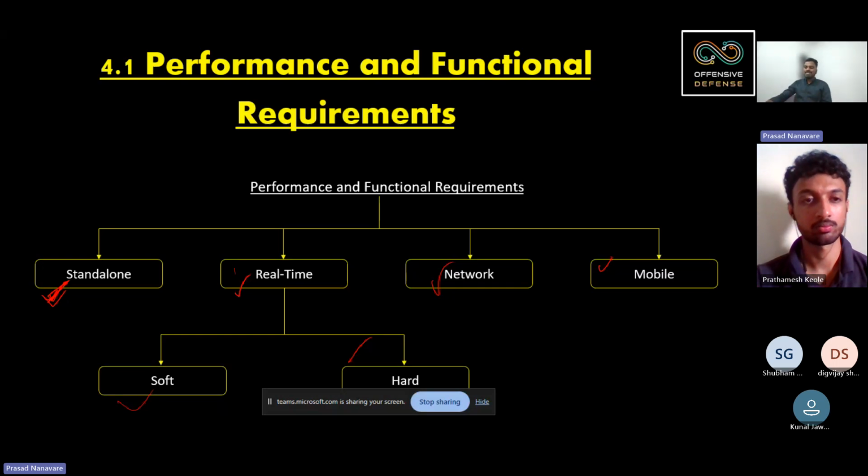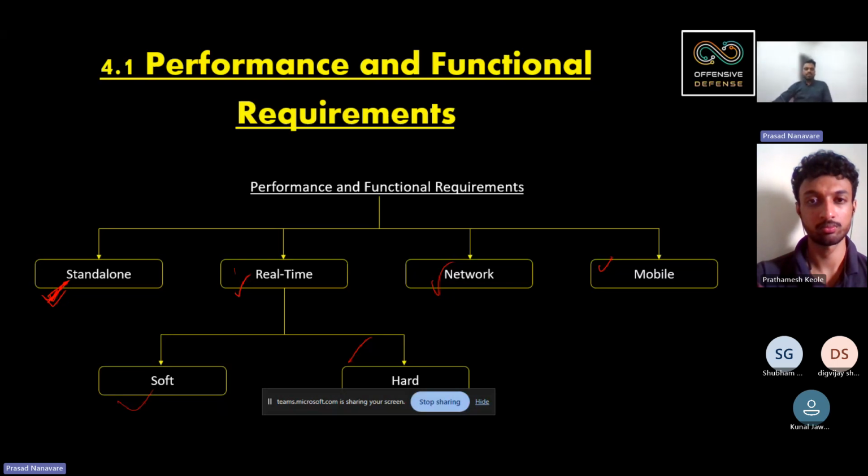A basic example of a standalone system is a basic MP3 player. You can say a basic embedded system like a microwave oven is a standalone system. FM radio maybe? FM radio, yes, but that still has some radio connections. That could be a network system, right?